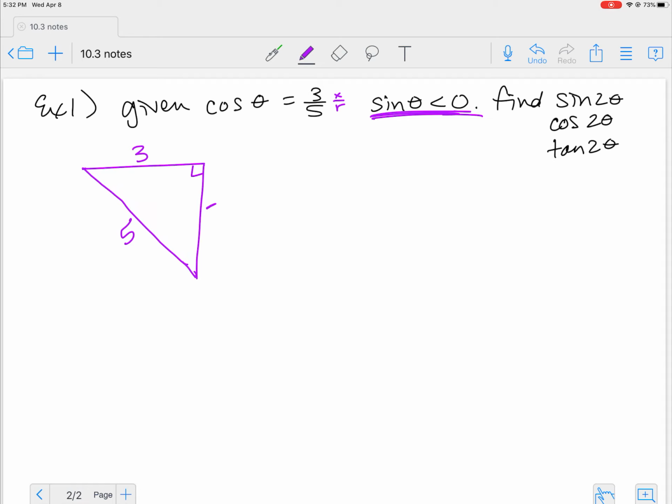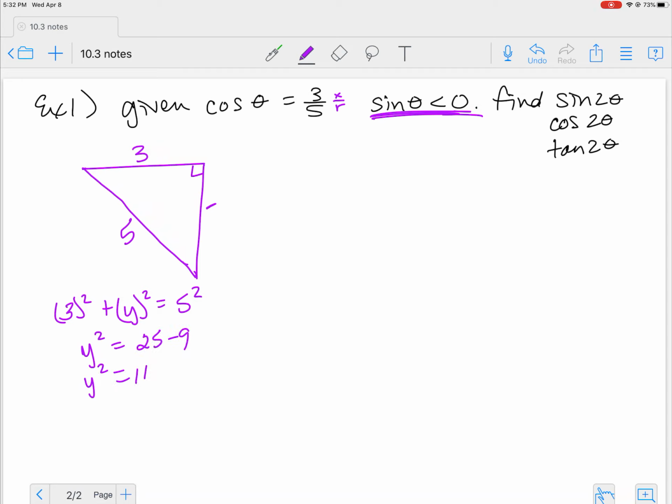R is always positive, right? That I have here. My y value here is negative because sine is negative and this is a 5. So do you guys know a common Pythagorean triangle? Yeah, it's a 3, 4, 5 triangle. You can also use Pythagorean theorem in order to come up with this, but this is just a common 3, 4, 5 triangle. So anytime you see that, you know that that's what that common triangle is.